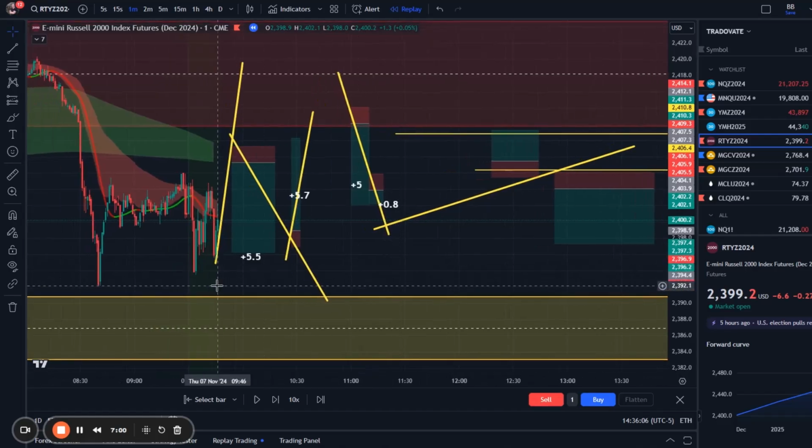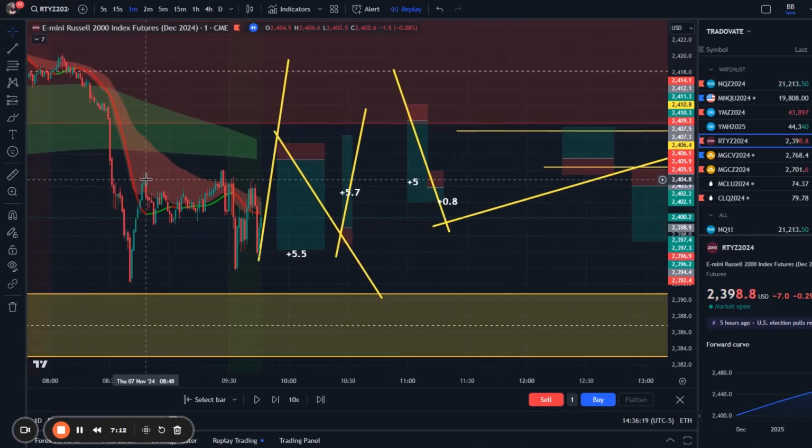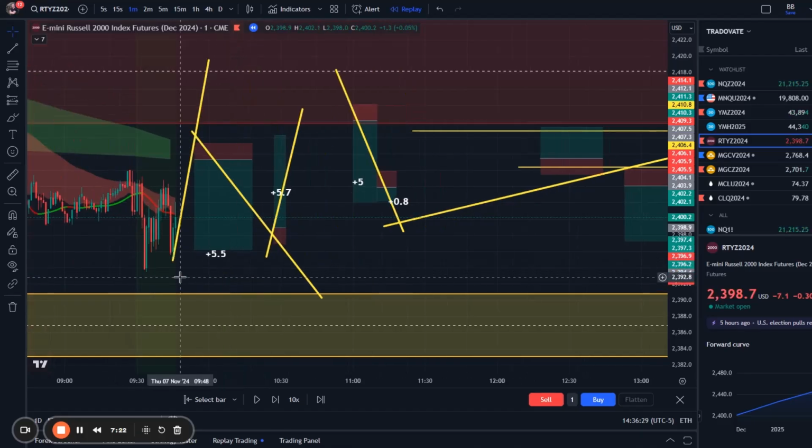So this low didn't go lower than this one, and this low did not go lower than this one. So I'm looking for some kind of a reversal, like a ping pong, testing the top of this price here, coming down, top of this price, kind of bouncing back and forth. The market opened and it shot back down to retest the prices down here, and now it's shooting back up.